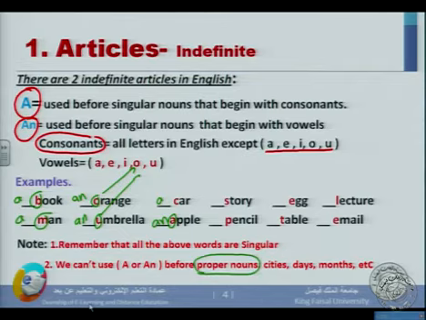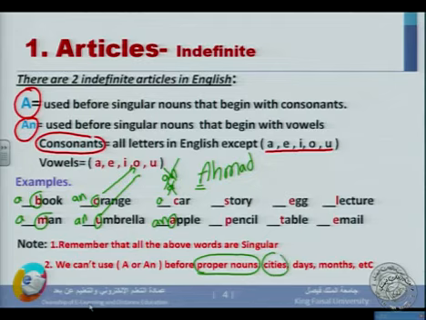Proper nouns مثل أحمد, اسم أحمد هذا بنسميه proper noun, اسم علم. Ahmed is a singular noun, starting with a vowel, لكن ما بقدر أستخدم an with it or a. We can't use articles with proper nouns لأنه اسم معرفة.